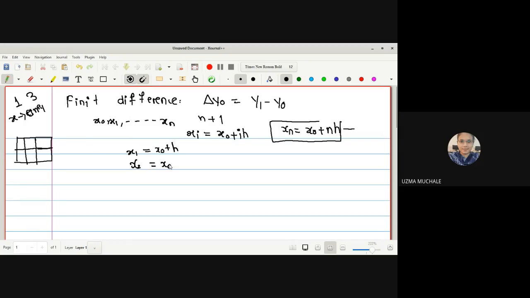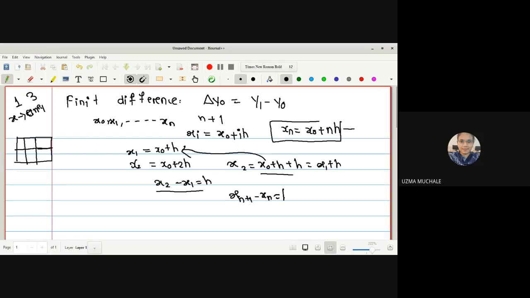X2 is x naught plus 2h, or in another way x2 is equal to x naught plus h plus h. X naught plus h is nothing but your x1, so x2 minus x1 is h. In a very similar way we can write for any number, that is xn plus 1 minus xn is equal to h for any value of n.